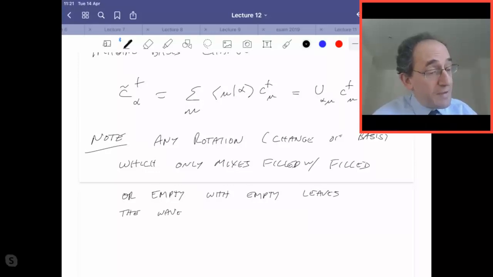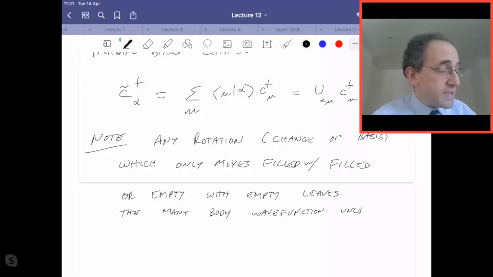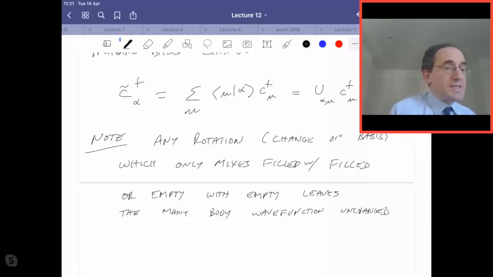The many-body wave function unchanged. Slater determinant, possibly up to a definitional minus sign.